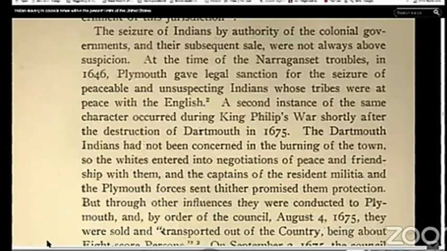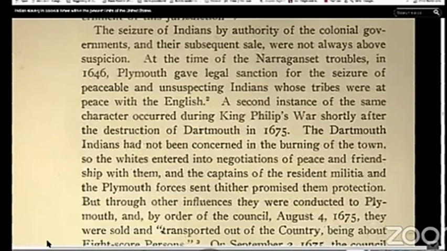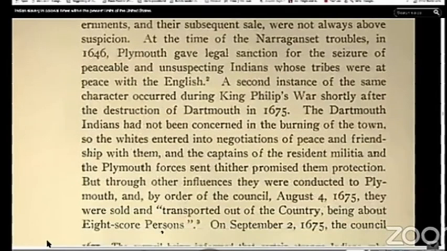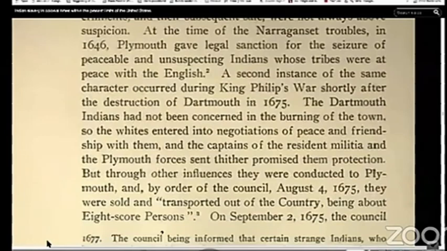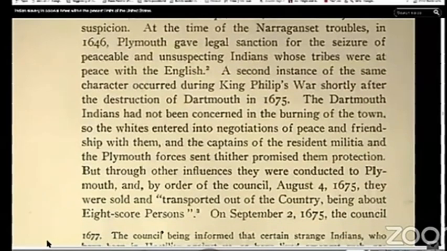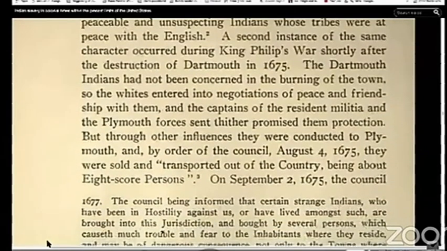The Dartmouth Indians had not been concerned in the burning of the town, so the whites entered into negotiations of peace and friendship with them. The captains of the resident militia and the Plymouth forces sent thither promised them protection, but through other influences they were conducted to Plymouth, and by order of the council, August 4th, 1675, they were sold and transported out of the country, being about 80 persons.